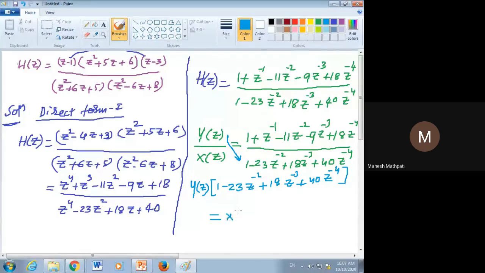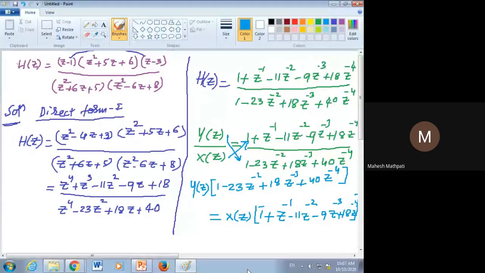X of z is multiplied with 1 plus z power -1 minus 11 z power -2 minus 9 z power -3 plus 18 z power -4.